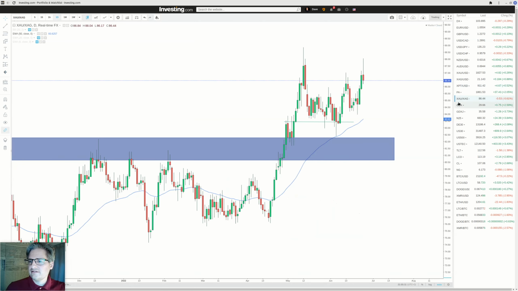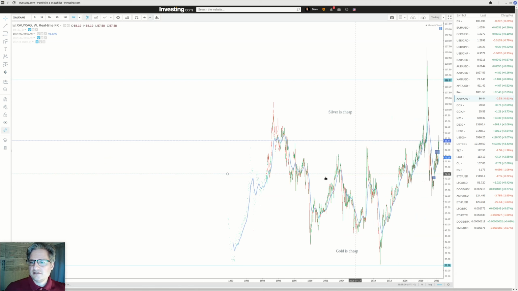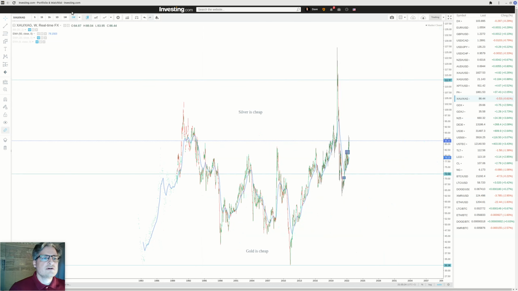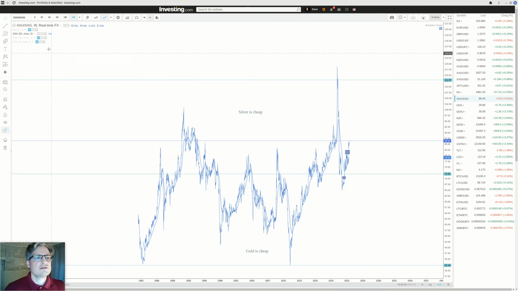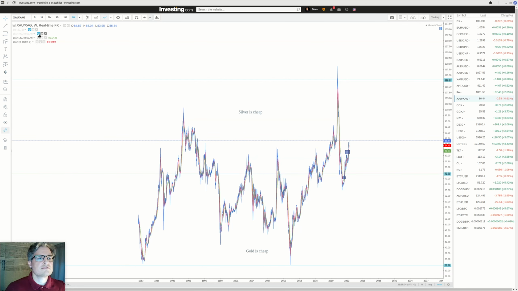Let's quickly look at the gold to silver ratio. I always like to look at that and then zoom out and see where gold and silver are heading. So let me just switch to a line chart and remove all these indicators.